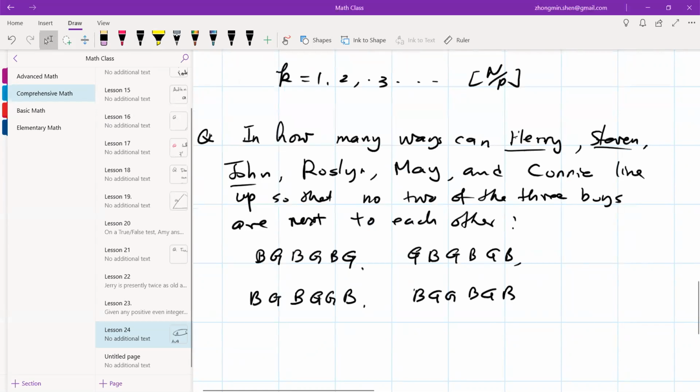So you have four possible patterns, and for each pattern, how many arrangements? You're going to have 3 factorial and 3 factorial arrangements, because you can permute 3 boys and 3 girls. This involves several steps, right?